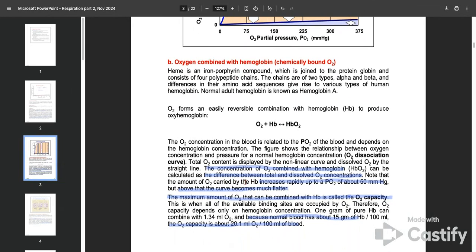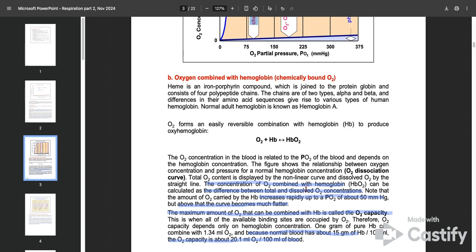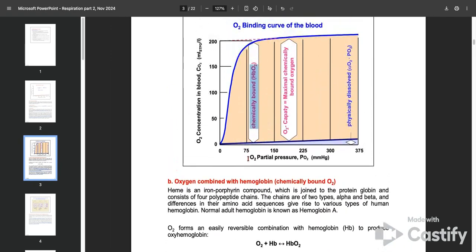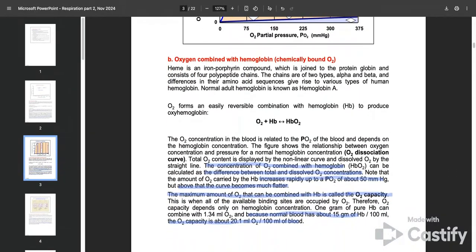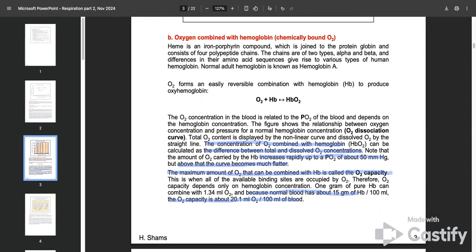Note that the amount of oxygen carried by the hemoglobin increases rapidly up to a pressure of about 50 millimeters of mercury, but above that the curve becomes much flatter, and we're going to talk about this more. This is basically the half point, you could say, the point where the hemoglobin is 50% filled with oxygen, okay?